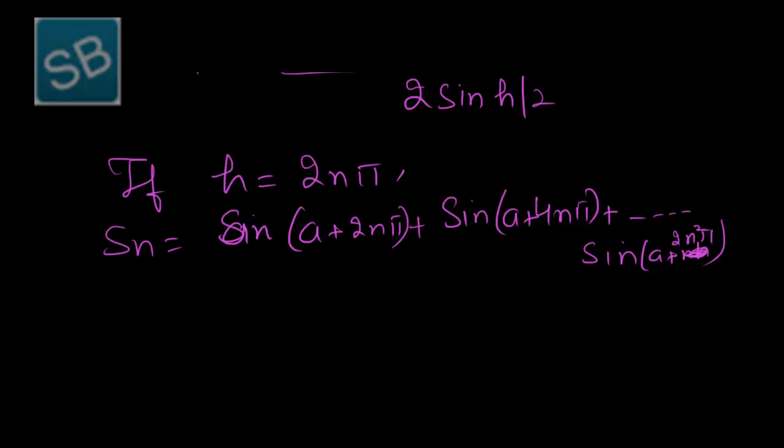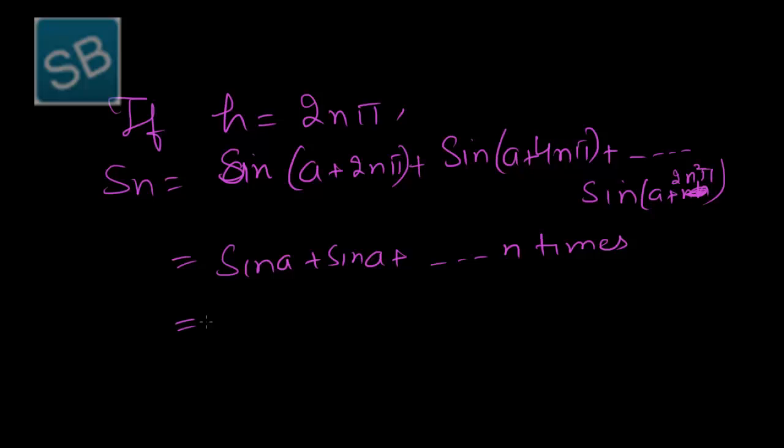That is, we know sin(2π + θ) is sin θ. So we get sin a plus sin a plus sin a up to n times. Therefore it becomes n sin a. So if h is equal to 2nπ, then Sn is equal to n sin a.